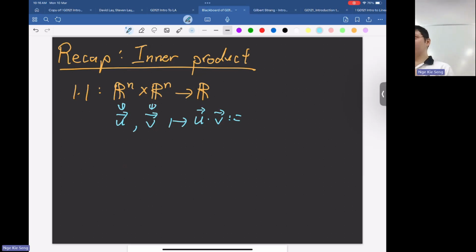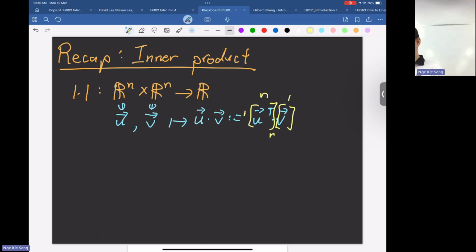There's another way to talk about this: u transpose times v. This is the matrix way to talk about it. You make u into a 1 by n matrix and then multiply by an n by 1 matrix, so you get a number.